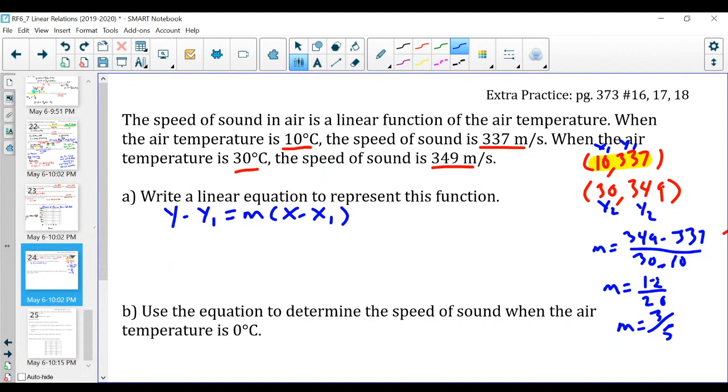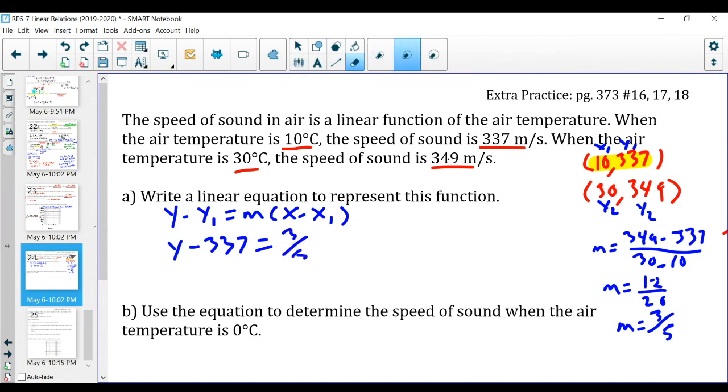So let's go ahead and use the 10 and 337 as our randomly chosen point. We could have used the 30 and 349 as well. It doesn't really matter. And once we sub in those values, y minus 337 is equal to 3 over 5 times x minus 10. So there is a linear equation.